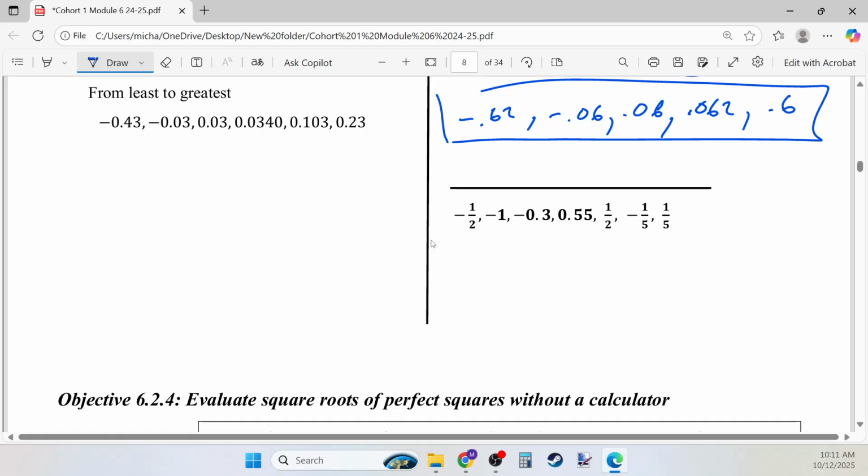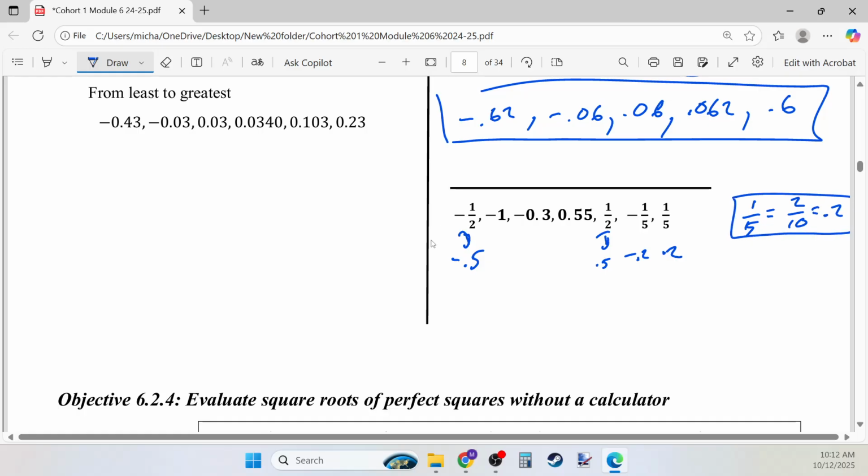So I can just rewrite all these fractions as this is negative 0.5, and this one becomes 0.5, and this one becomes negative 0.2, and this one becomes 0.2, because 1/5 equals 2 over 10, and 2 over 10 equals 0.2.